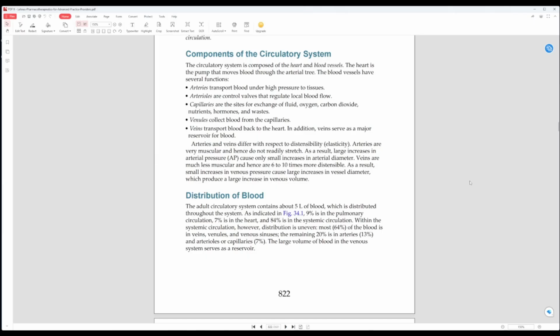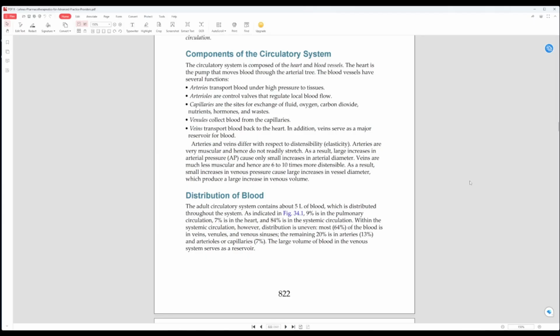So the distribution of blood. The adult circulatory system contains about 5 liters of blood, which is distributed throughout the system. As indicated in figure 34.1, 9% is in the pulmonary circulation, 7% is in the heart, and 84% is in the systemic circulation. Within the systemic circulation, however, the distribution is somewhat uneven.